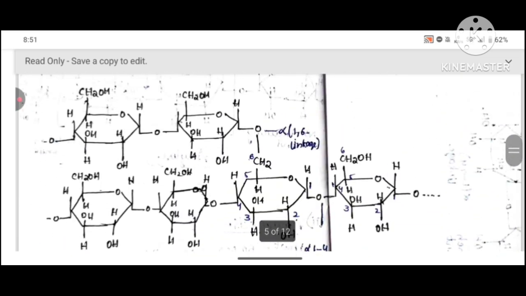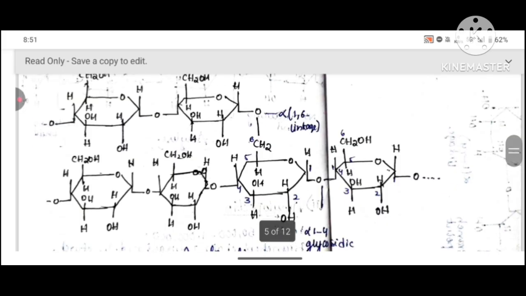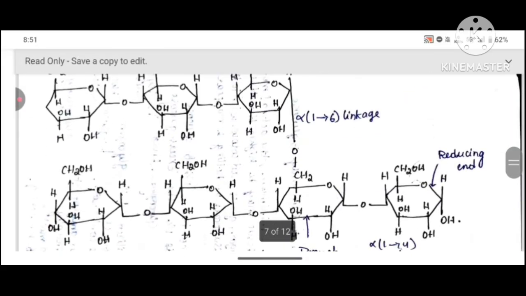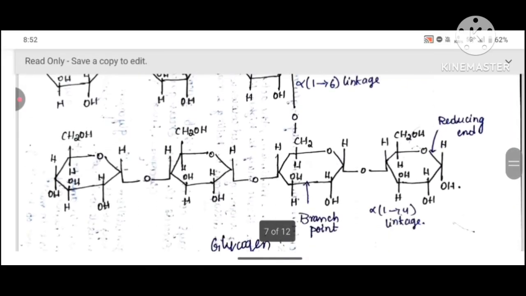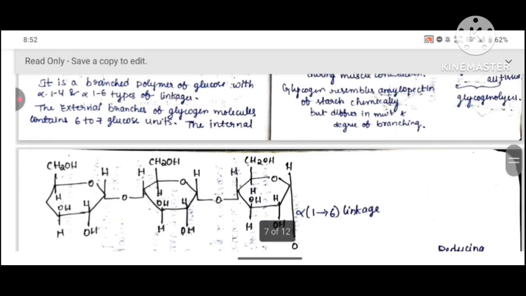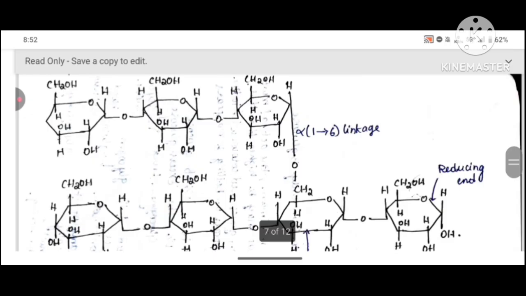Let me show you the amylopectin as well. Amylopectin does have two kinds of linkages, right? Similarly, glycogen does. This is the structure of glycogen.